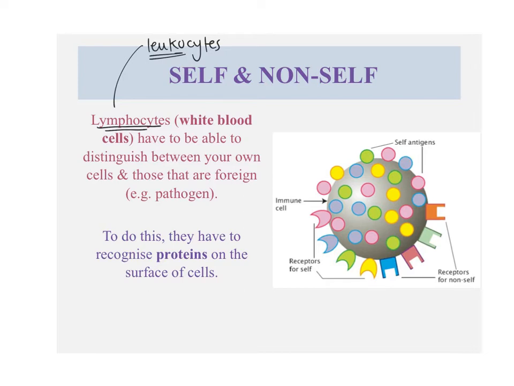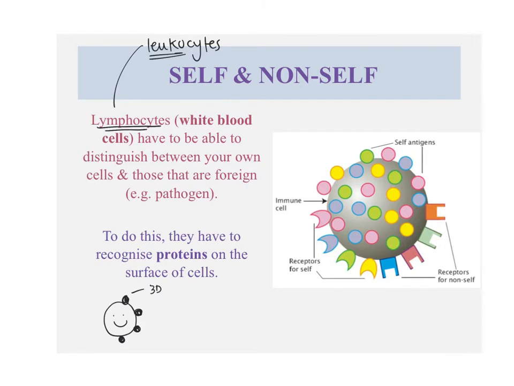If I start down the bottom, imagine this is my cell, a nice smiley happy one. On the outside of my cells, I've got antigens, proteins that are a specific 3D shape.